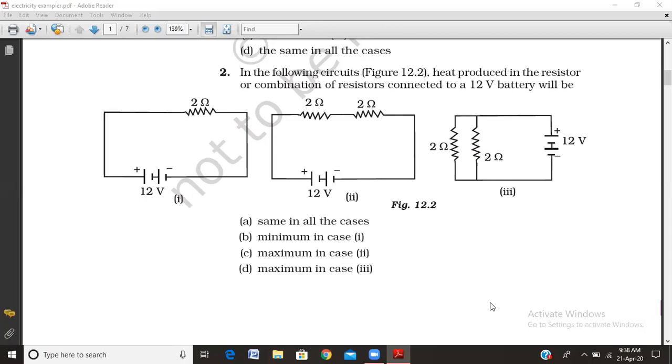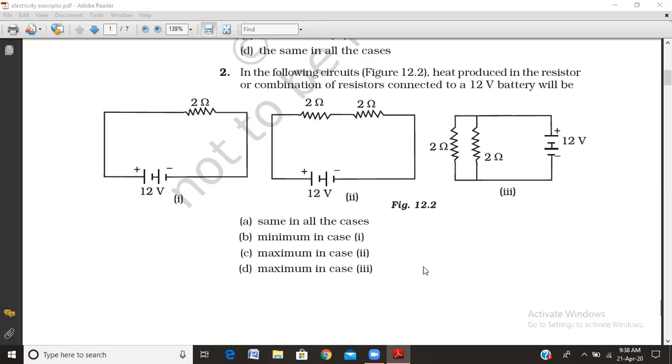And in the third circuit there are two resistors of 2 ohm each but connected in parallel. We have to find the heat produced in them. Option A is same in all the cases, B is minimum in case 1, C is maximum in case 2 and option D is maximum in case 3.